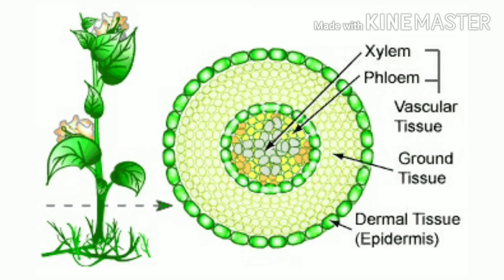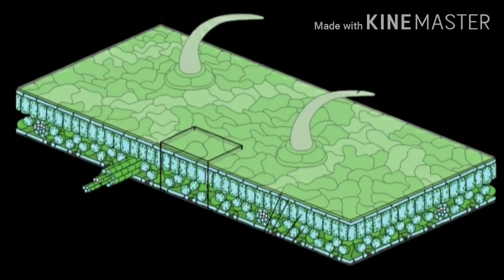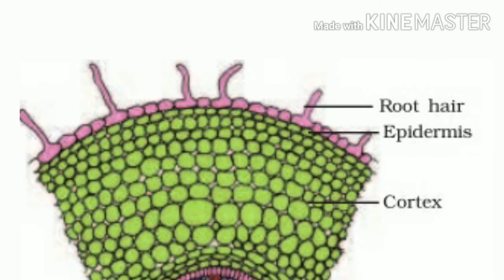First of all, the epidermal tissue system. The epidermal tissue system forms the outermost covering of the plant body, and it has cells called epidermal cells. It has stomata and a few appendages; on the stem it can have trichomes, on the root it can have hair.